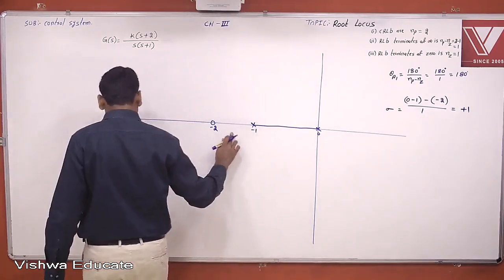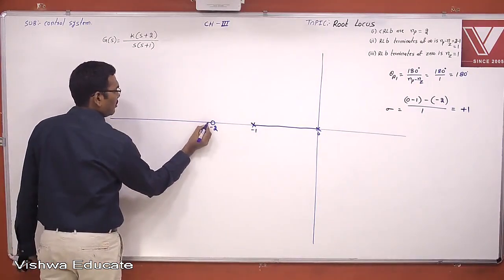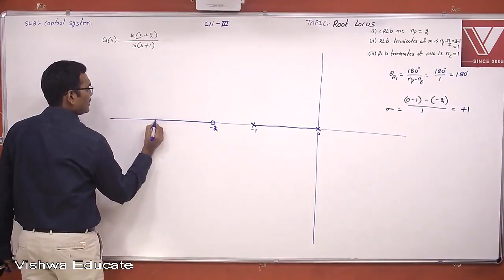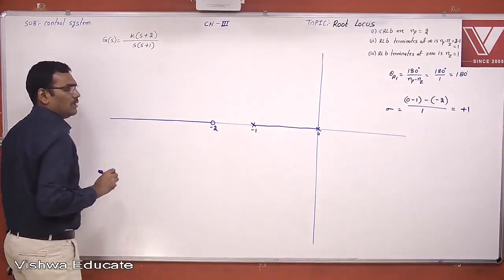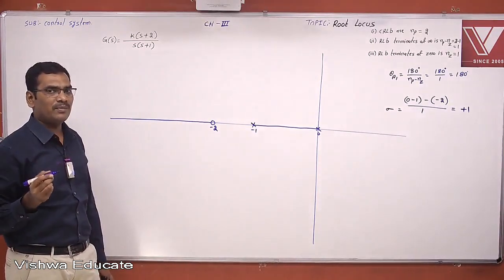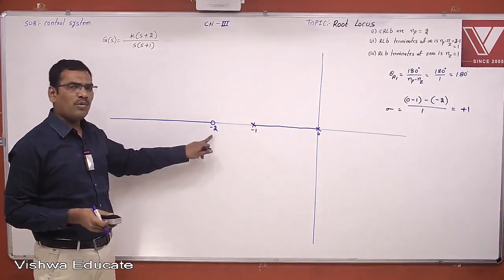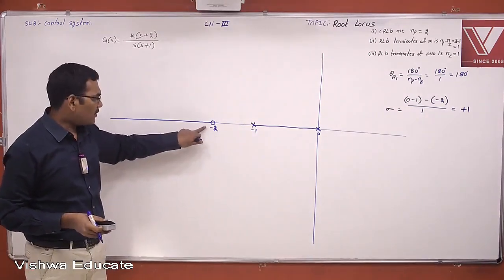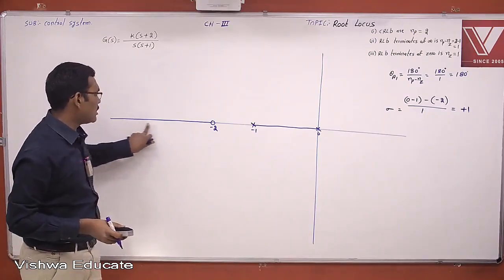This is not the root locus branch. Now this entire real axis is a root locus branch. You have to recollect your previous basic concepts. On the leftmost side there is a zero. After that zero, the entire real axis is a root locus branch.